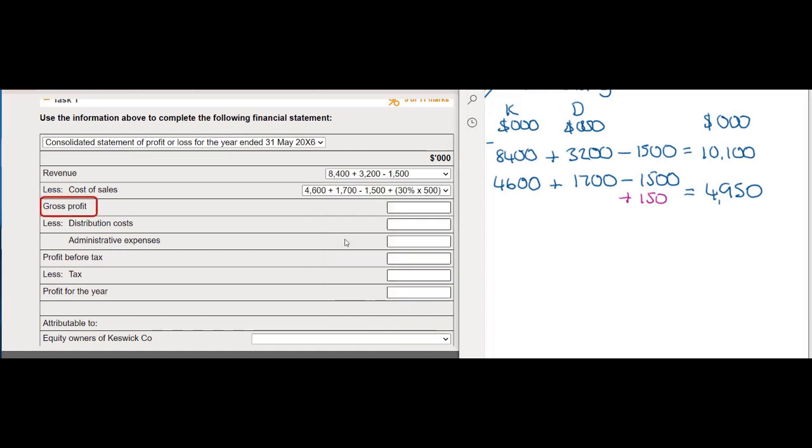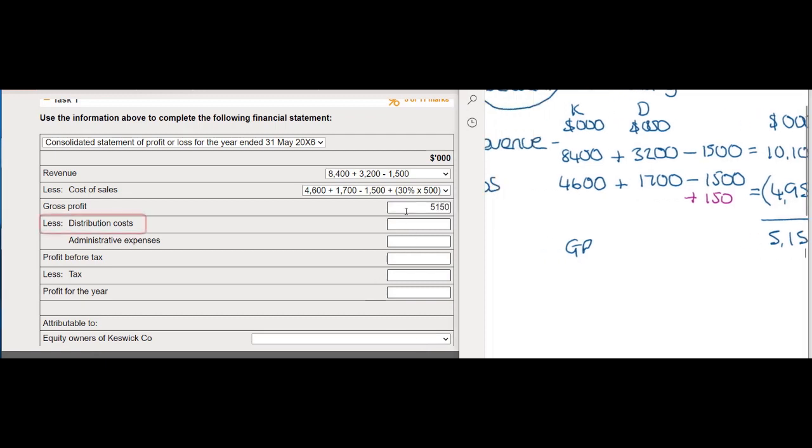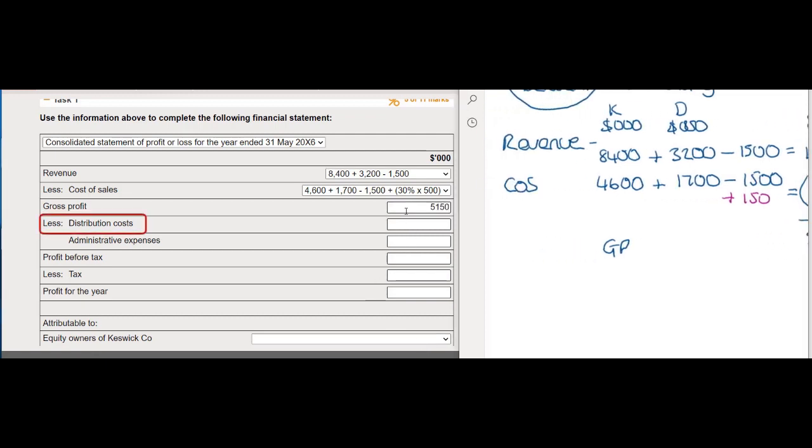This is going to be based on my figures, so therefore I've got my revenue figure of $10,100,000 and then taking off cost of sales, which is 4,950,000, will give me a gross profit of 5,150,000. And so I'll just type that into my box. The next box to calculate is for distribution costs.